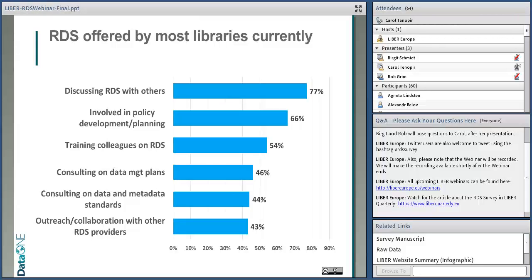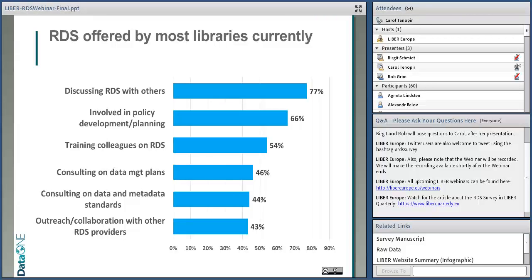About half of the libraries that responded say they are training their colleagues on research data services, and as we found in the North American studies, this is one of the issues: training and skill development that's crucial to a variety of services. In another question that I don't have here, we found that under half of the libraries currently have policies related to research data services.